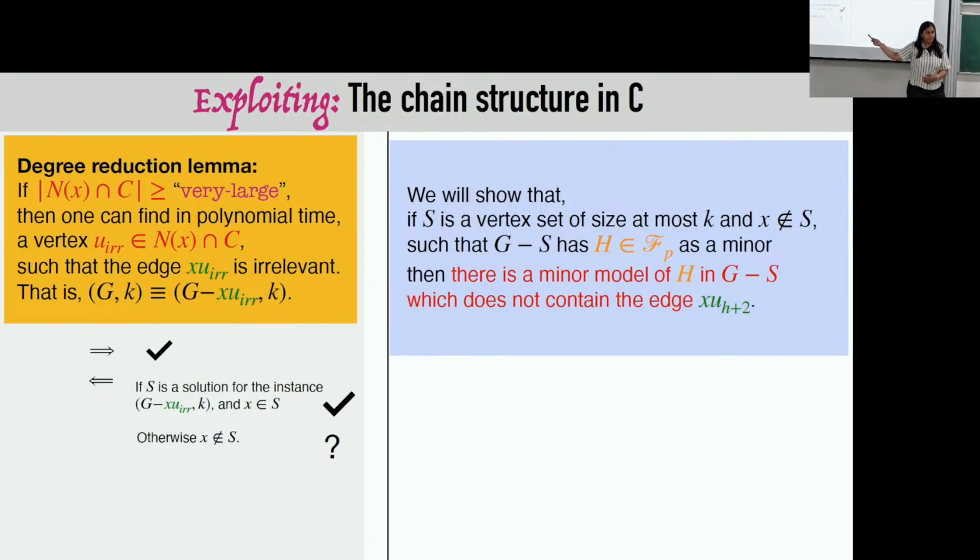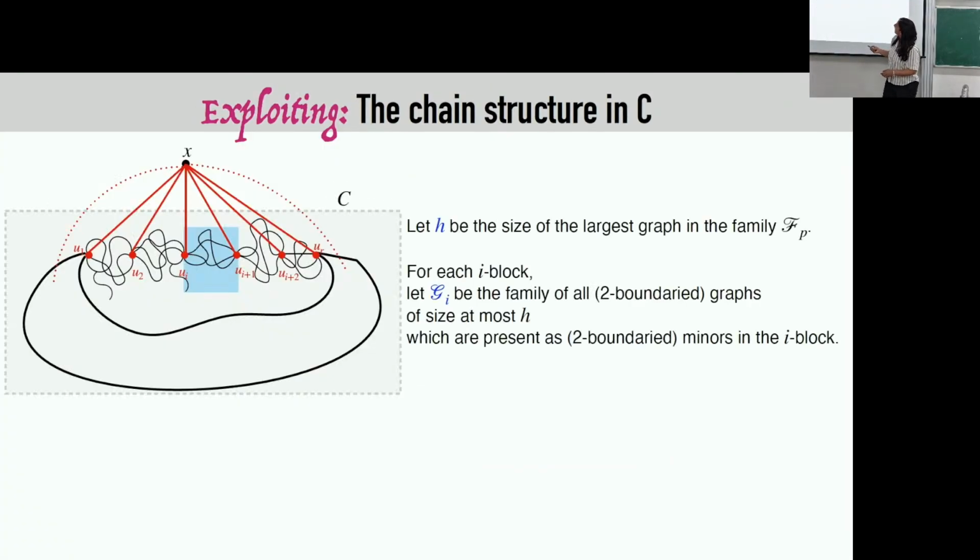To prove this, I will show you that, for the cases that we are in in this talk, if you pick the (h plus 2)th red vertex of this chain, remember we had this chain, and you delete the edge incident with x in this vertex, then that's a safe rule. That does not spoil the answer.